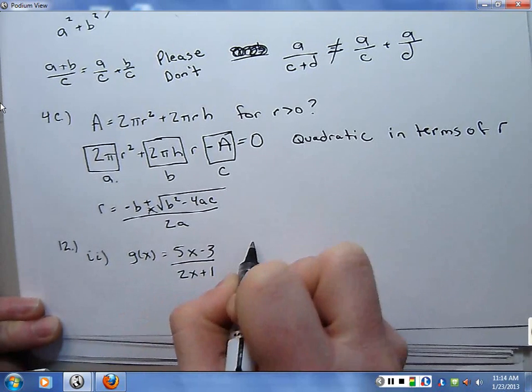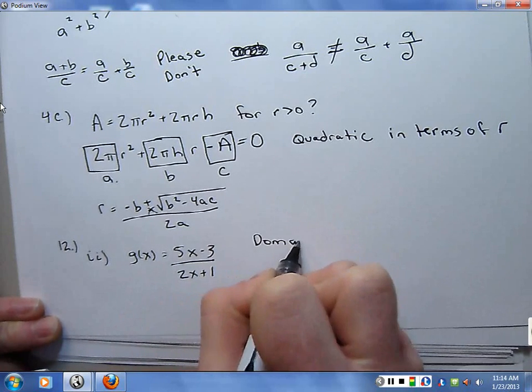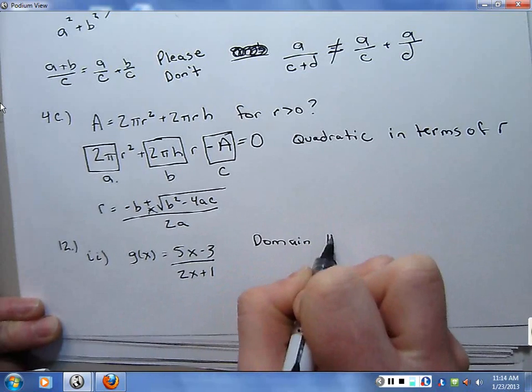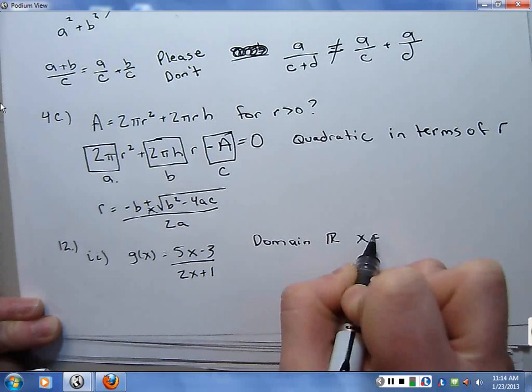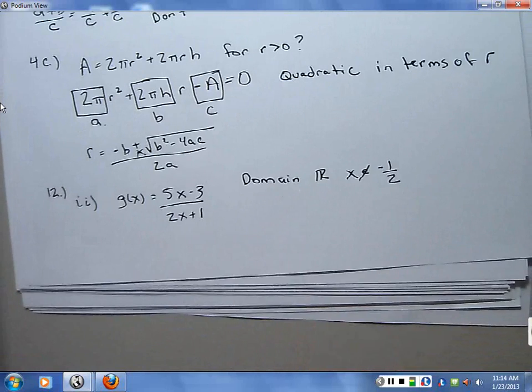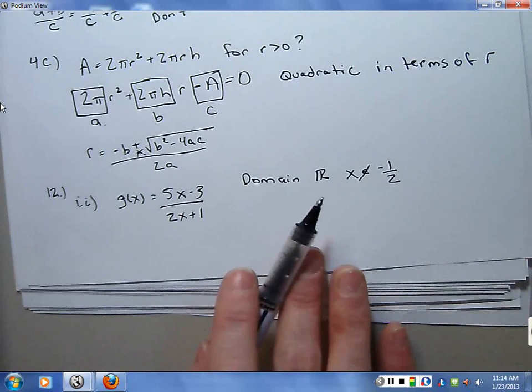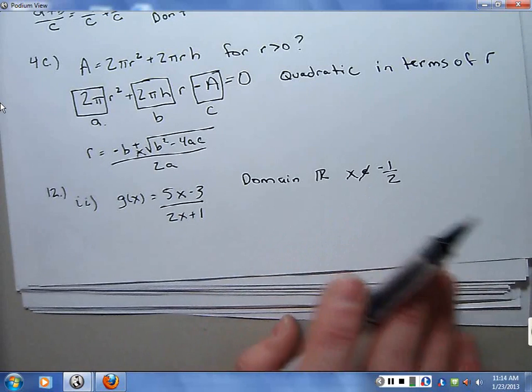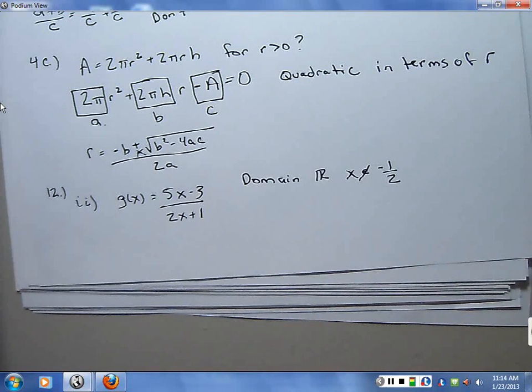So the domain we talked about yesterday being all real numbers except x cannot equal minus 1/2, right? How you write it is pretty open. You can write it minus infinity to minus 1/2 union minus 1/2 to positive infinity. You could write all real numbers except x cannot equal minus 1/2. You can write it out.